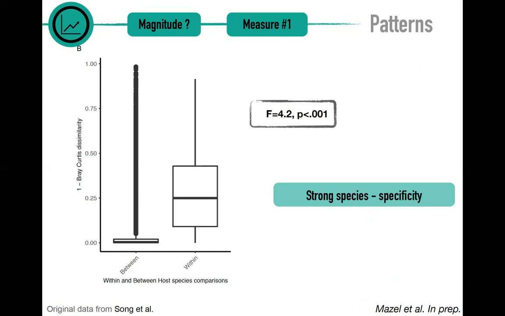What you can wonder is whether that specificity extends across phylogenetic scale, in particular the phylogenetic scale of the host. For example, do similar host species have more similar microbiomes than distantly related host species? Does a pair of rat species have more similar gut composition than a rat versus a human?